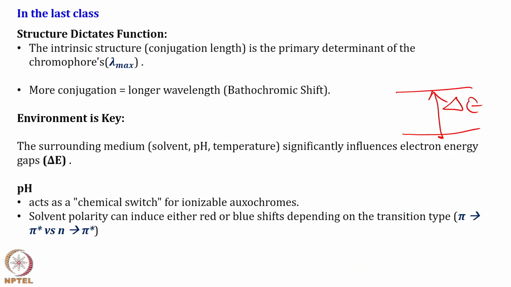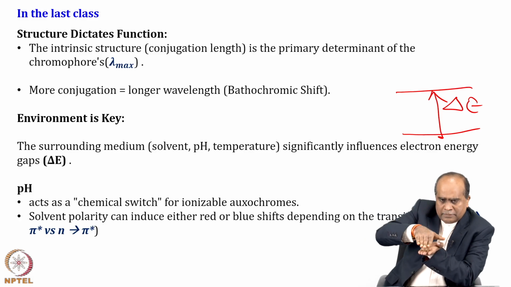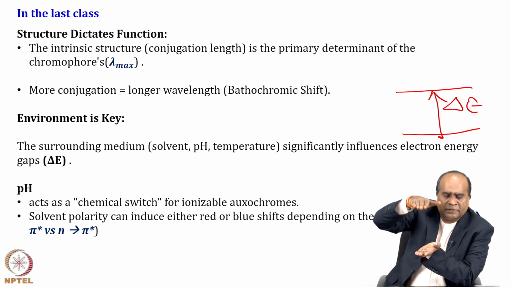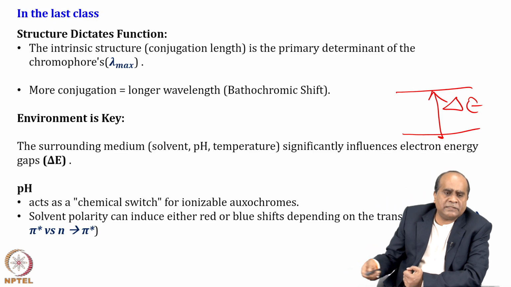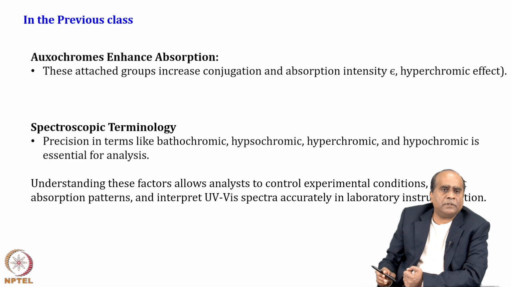The solvent polarity can also induce a red shift or blue shift depending upon what kind of transition we are seeing, whether pi to pi star or n to pi star, because of this solvent polarity, the delta E can change a little bit, either decreases or increases, the gap increases or decreases, that essentially changes the absorption frequency of the UV visible spectrum.